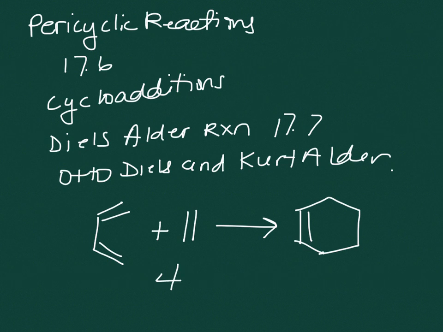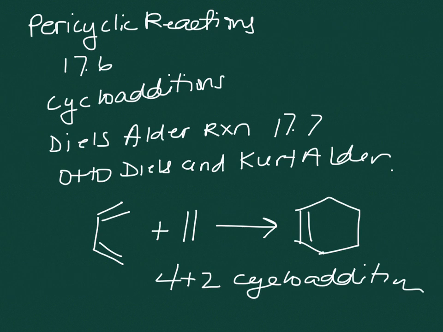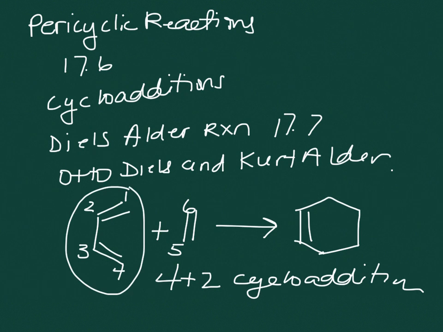This is called a 4+2 cycloaddition. The reason why it gets this name is we have 4 carbons here in the diene and 2 carbons in the dienophile. And there are 2 different pi systems. We have the pi system of the diene and the pi system of the dienophile.